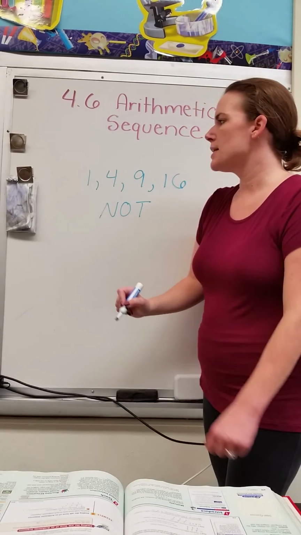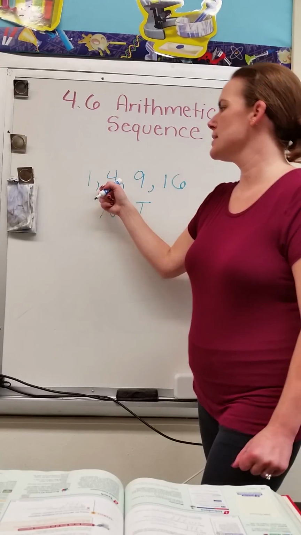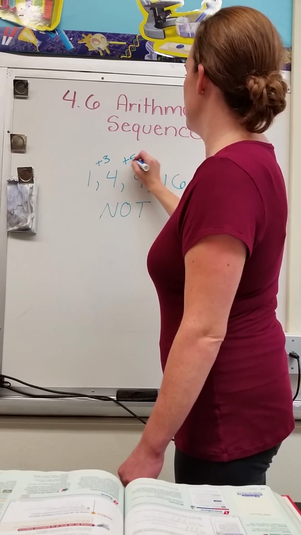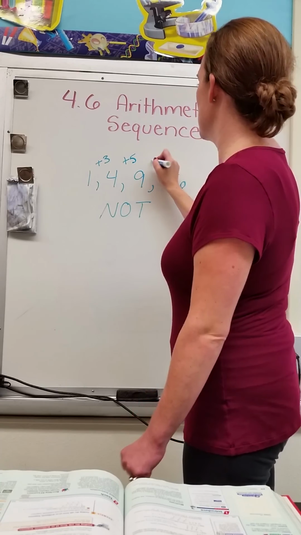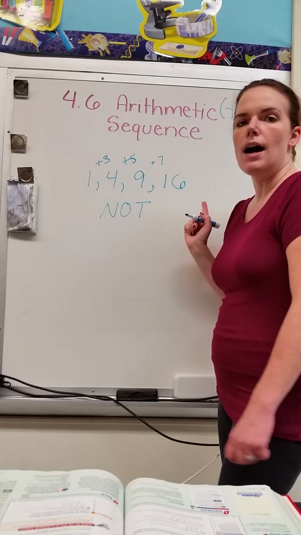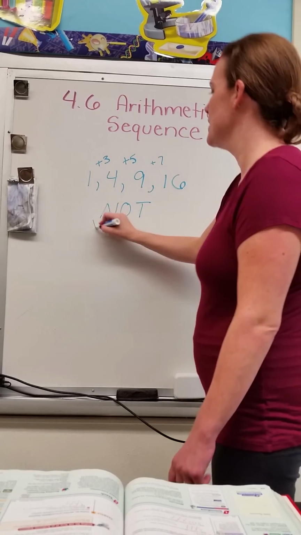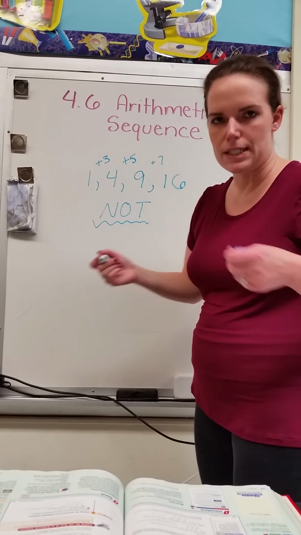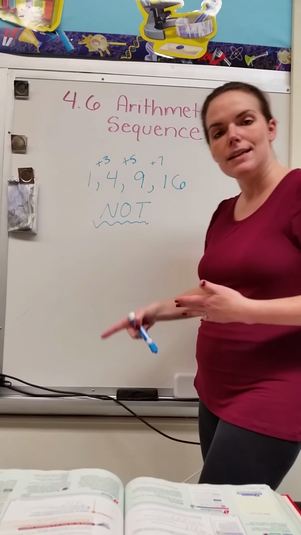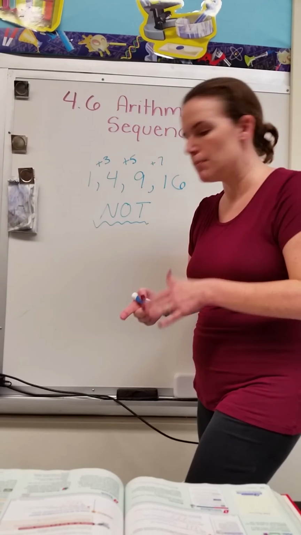It's not arithmetic because there's no common difference. Here I'm adding 3. Here I'm adding 5. Here I'm adding 7. So you can see there's a pattern happening, but that is not arithmetic. There's no common difference. So that's really what an arithmetic sequence is. It's just you're adding some number each time.